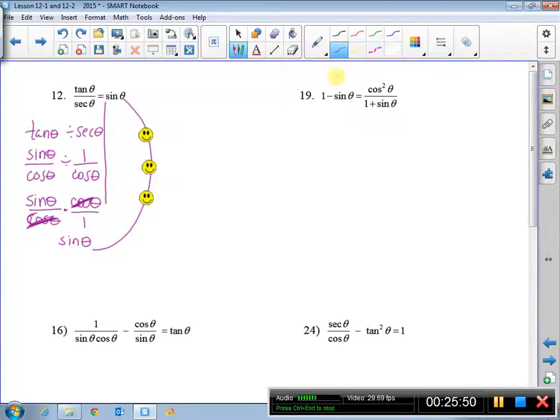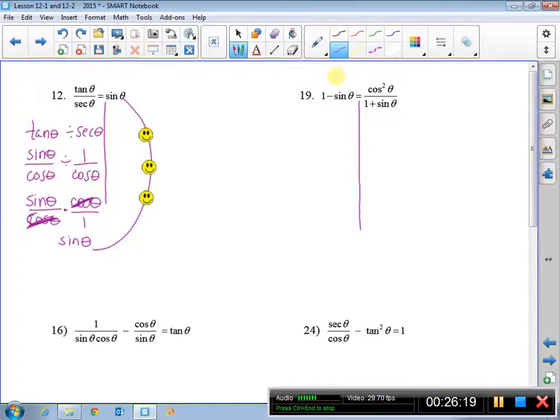Let's try 19, and then I've left some for us to try together in class. 19, let's see. Let's see which side to work on. 1 minus sine theta doesn't have much to do on the left, so let's work on the right. We've got cosine squared on the top, and we've got 1 plus sine on the bottom.